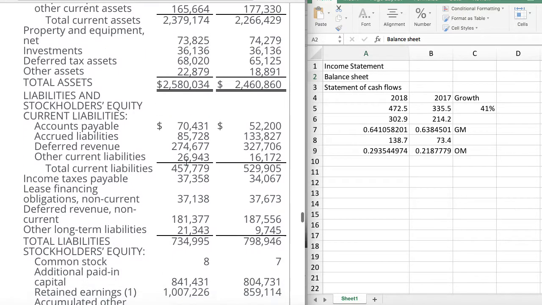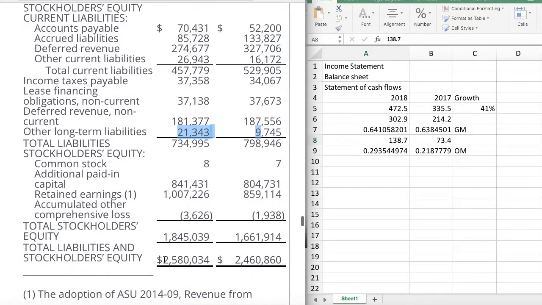Arista does not have much debt at all. We can see it's probably under this other long-term liabilities. So $21 million of long-term liability, and that is about 5% of revenue. So even that's way less than the operating income. So we shouldn't worry too much about that because the interest expense will be even less.